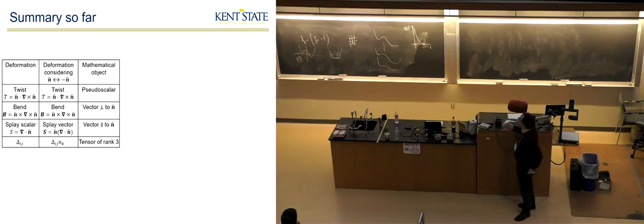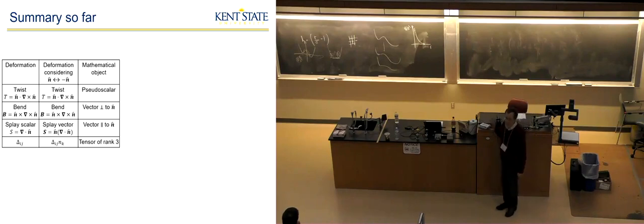So as a table, I can say I have these 4 deformations. Considering the symmetry between n and negative n, I can define the deformations this way, and they are 4 types of mathematical objects. Twist is a pseudoscalar, bend is a vector perpendicular to n, splay is a vector parallel to n, and the delta mode is a tensor of rank 3.